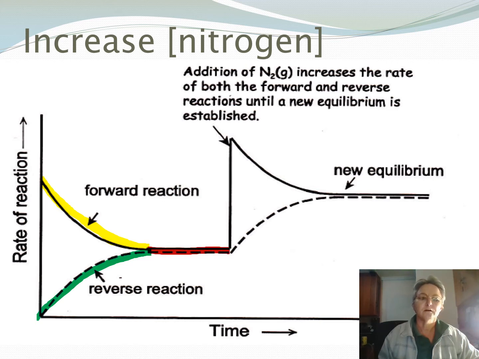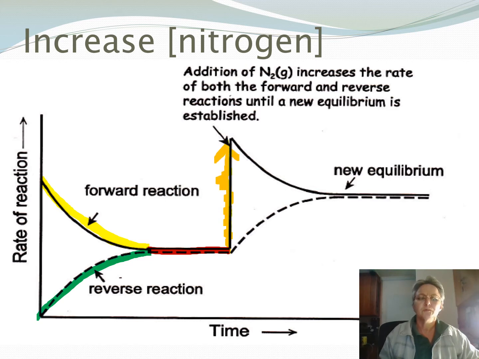So the solid line for the forward reaction and the broken line for the reverse reaction gets to the point where they're on top of each other. Now, what happens to the forward reaction when the concentration of nitrogen is increased? The reaction rate shoots up.